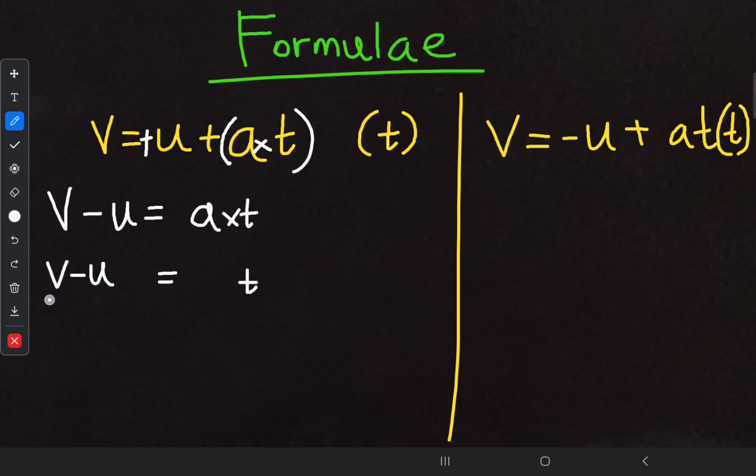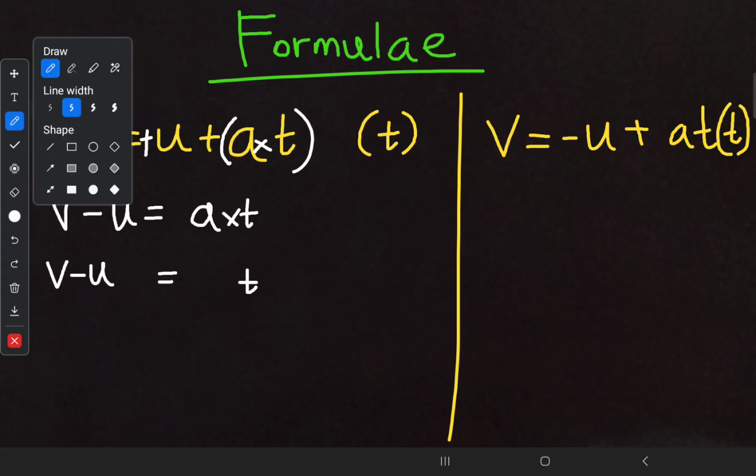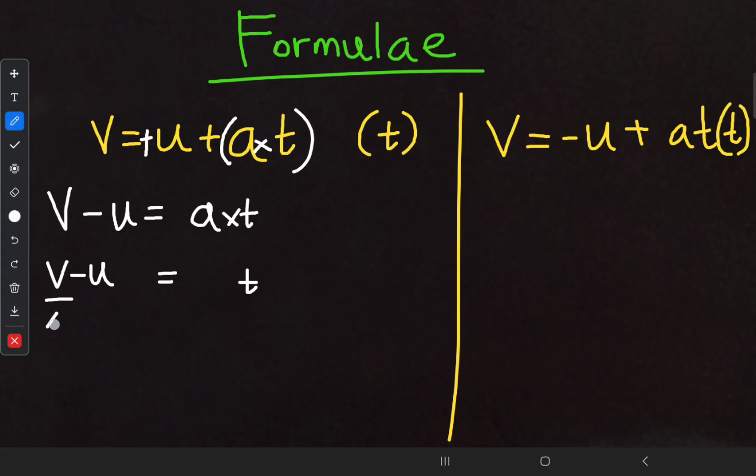We have to divide by A. Students make mistakes in these cases also: they only divide V by A. But that is not the exact answer.